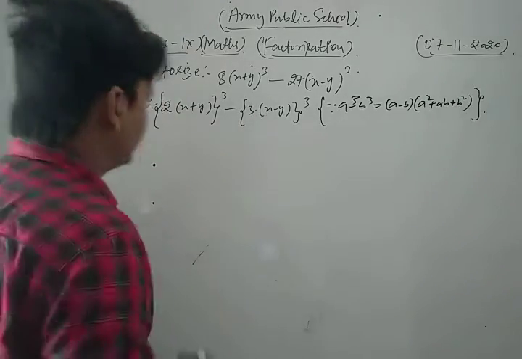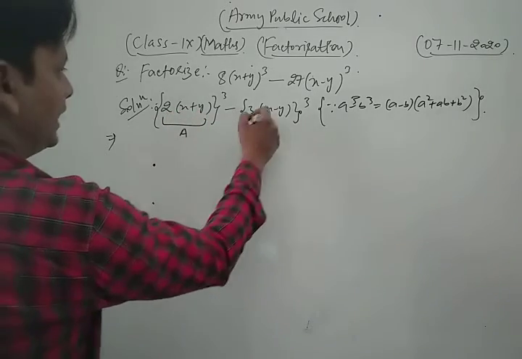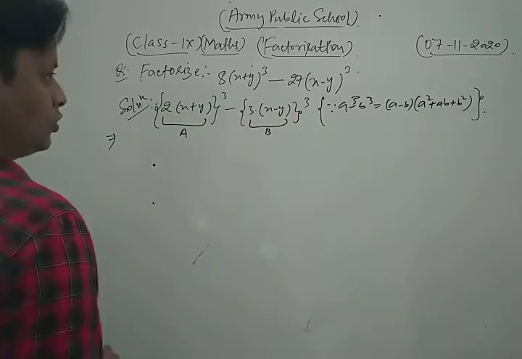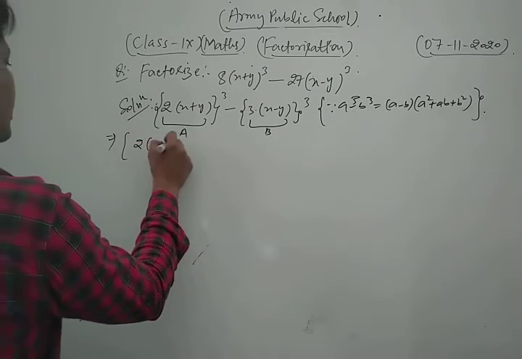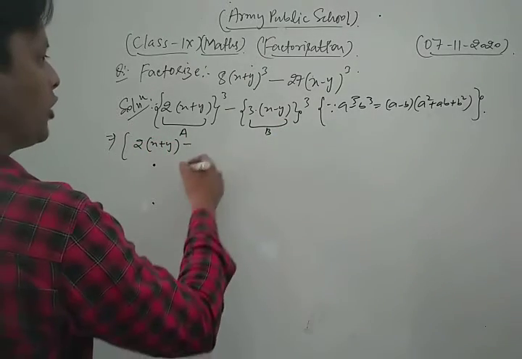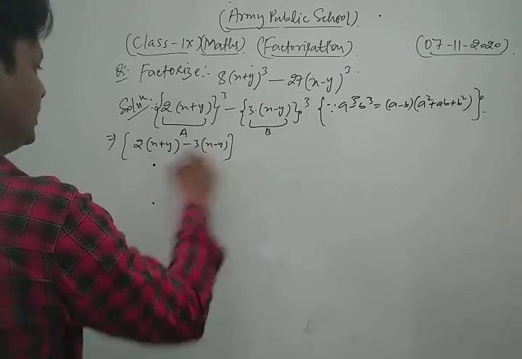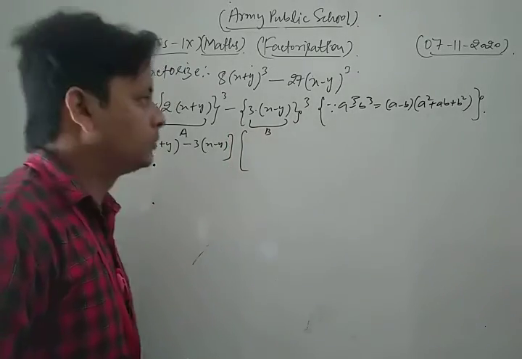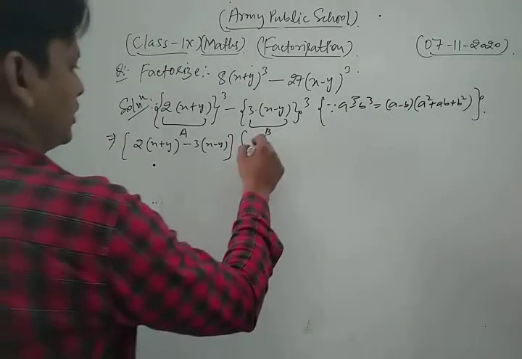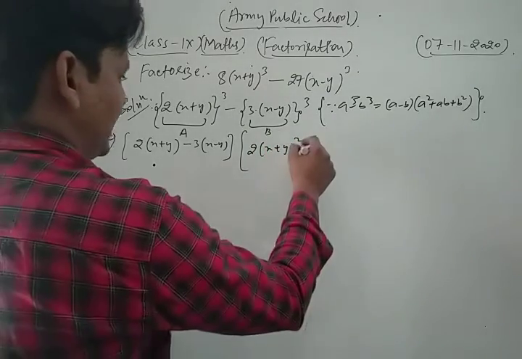Now we expand them. See, we can write this is whole a and this is whole b. So a minus b in one bracket, this is 2 into (x plus y) minus 3 into (x minus y) in one bracket. Now in another bracket, this is a square. A means what? 2 into (x plus y) whole square, plus ab.